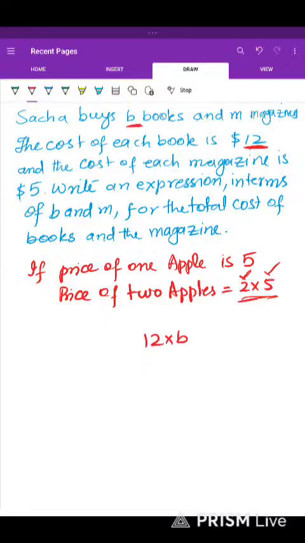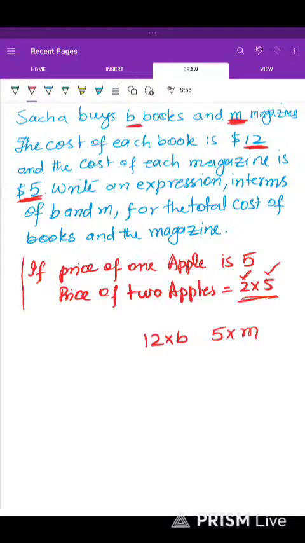The other one, M, is the count of magazines, and one magazine costs 5 rupees. M is the number of magazines, and 5 is the price per magazine. So 5 and M will also be multiplied: 5 multiplied by M. They make the total cost.